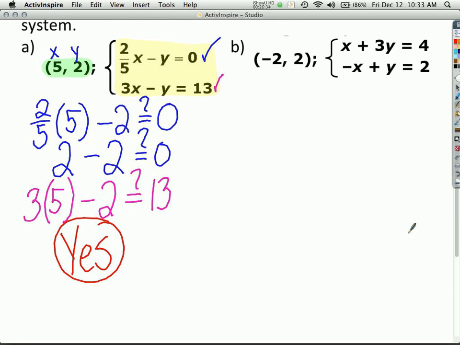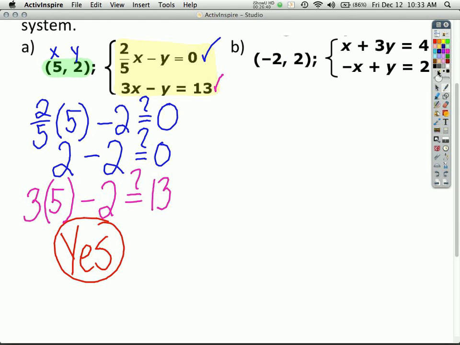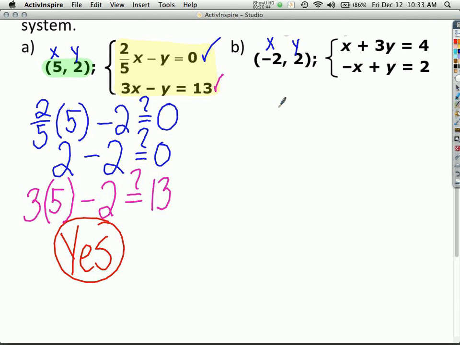So, take the first equation and plug in these values for x and y. So, -2 plus 3 times 2, does that equal 4?